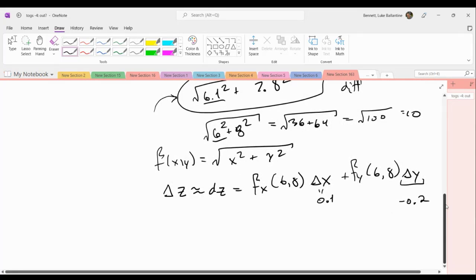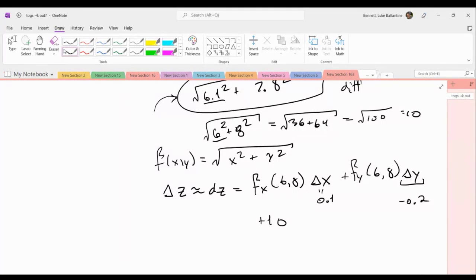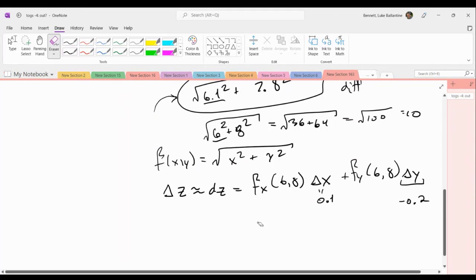Then to actually approximate this value, we would have to add 10 to this. So this would be delta z, and delta z equals z1 minus z0. So z1 is delta z plus 10, and z1 is what we're looking for.